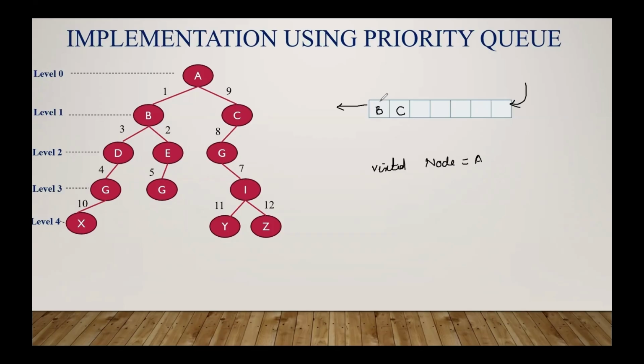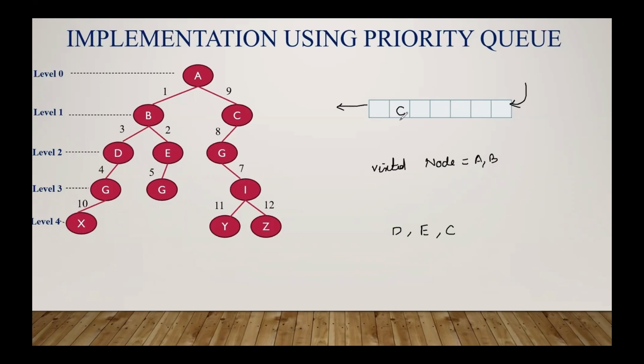Now next, which one is going to be deleted? B is going to be deleted, and we mark B as a visited node. After B, the remaining children: B has two children, that is D and E. Now D is present, E is present, and already inside the queue, C is present.